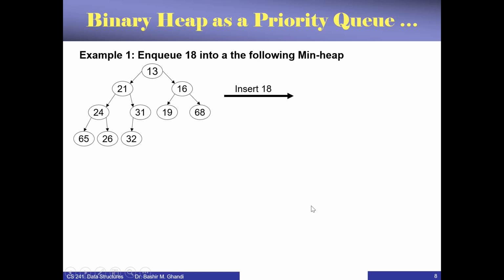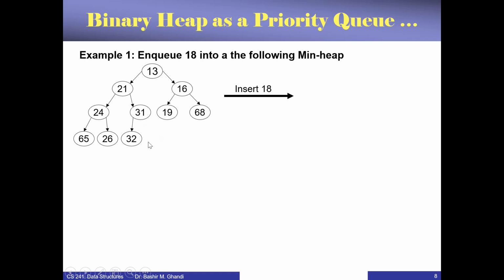This is our first example showing how to enqueue into a heap. So here again is a min heap. How do we enqueue into a min heap? Suppose we want to insert 18 into this min heap. According to the algorithm, first put the 18 at the very end of the tree, which means to the right of 31.